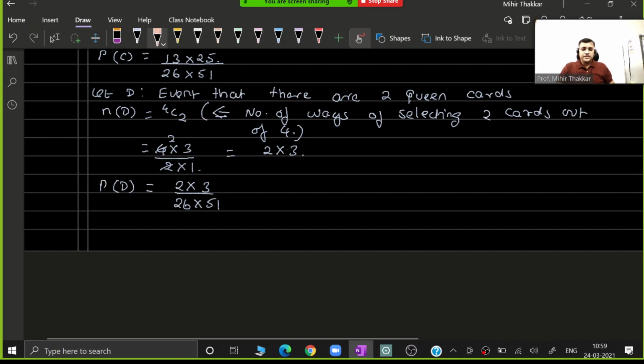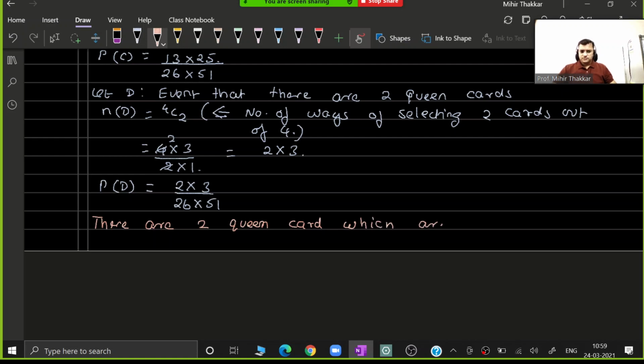Further, we will write a statement. There are two cards, or I should say there are two queen cards which are black.